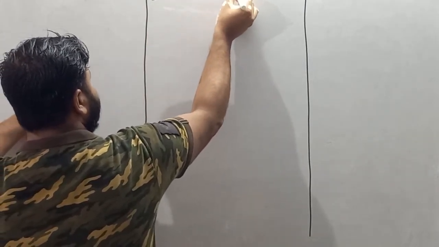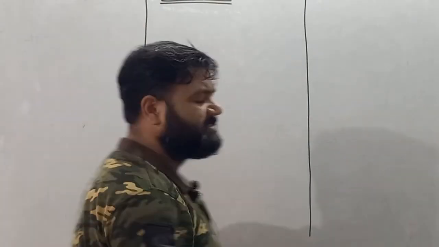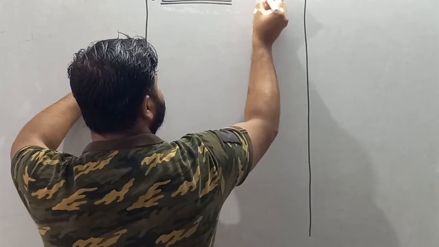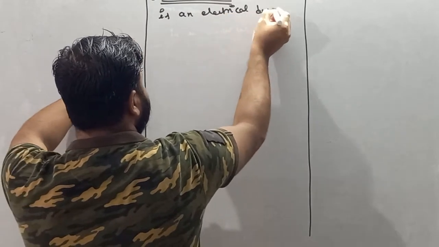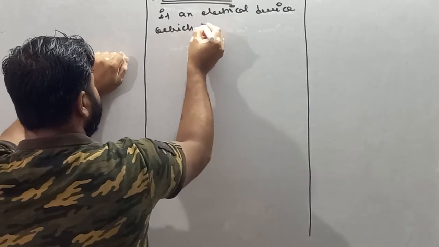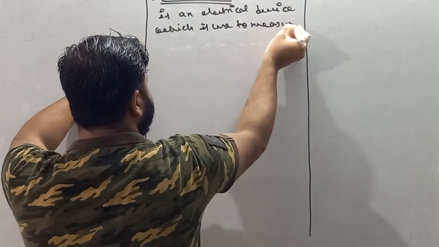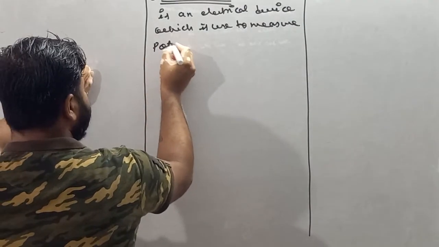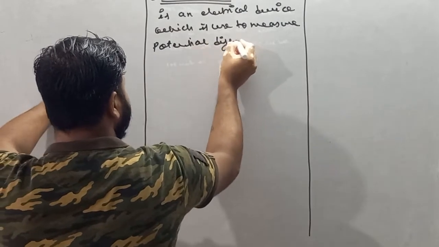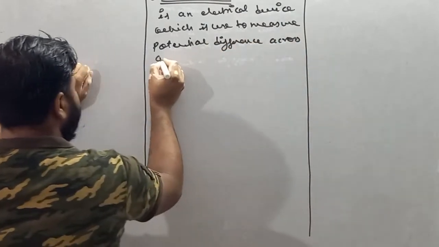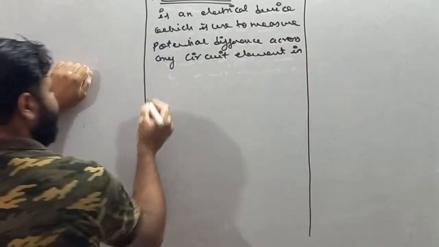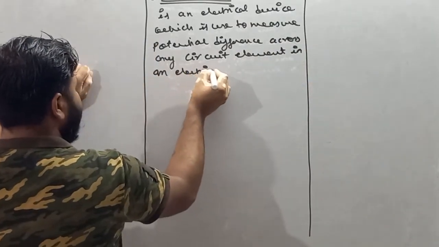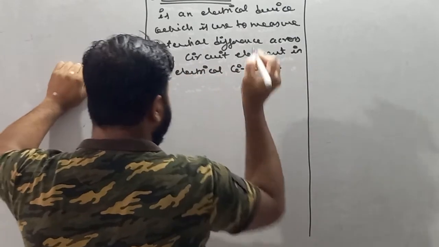Now see, my dear student, a voltmeter is an electrical device which is used to measure potential difference across any circuit element in an electrical circuit.